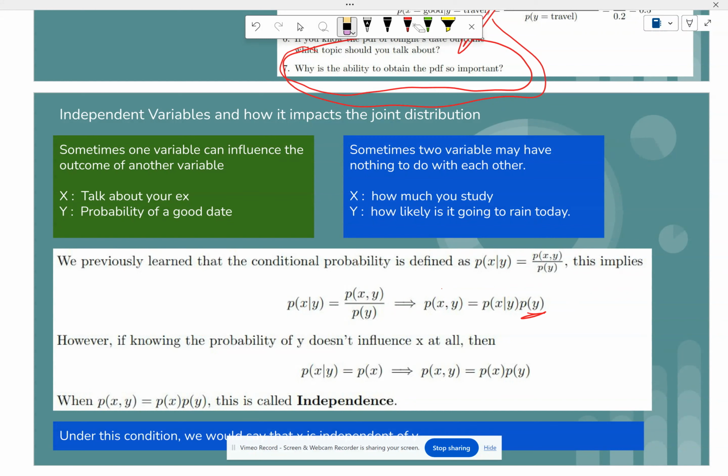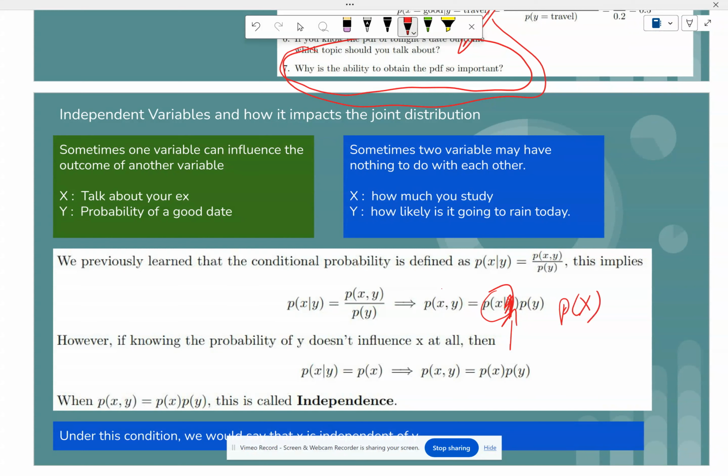But conditional implies that knowing Y tells you something about X. But what if knowing Y tells you nothing about X? Well, if it tells you nothing about X, then X essentially can ignore the Y, and P of X doesn't change.